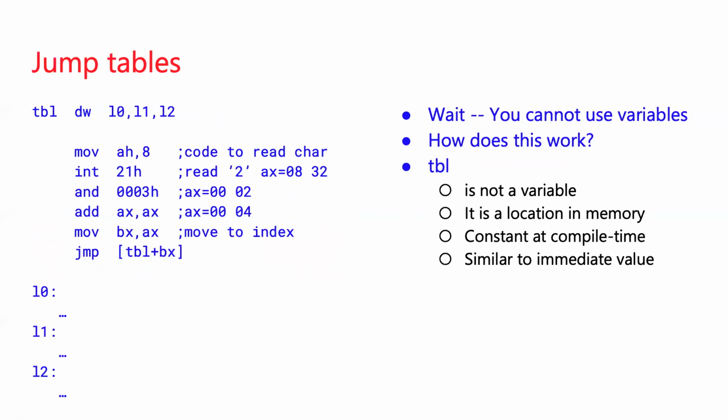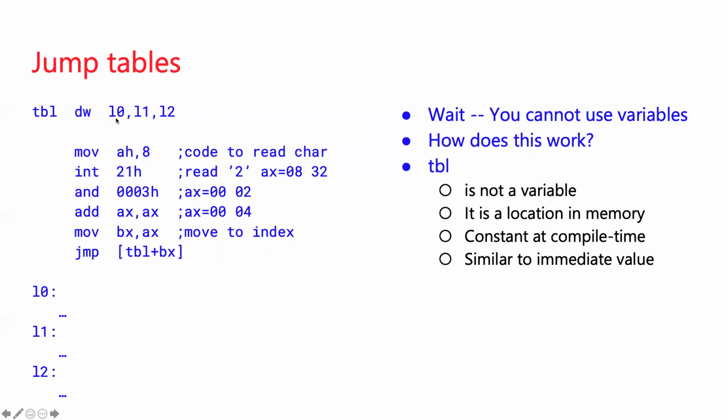There was a question about whether we need the square brackets around that. Let me address that, even if the person asking it decided that we do need these. And I think we need these. The reason we need them is when I say take TBL plus BX, well, TBL is the start of this array in memory.